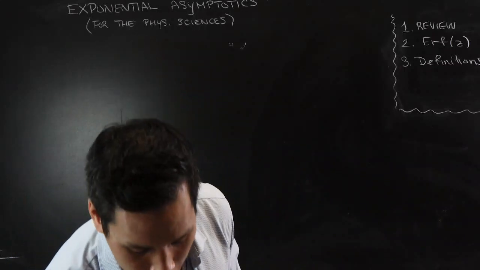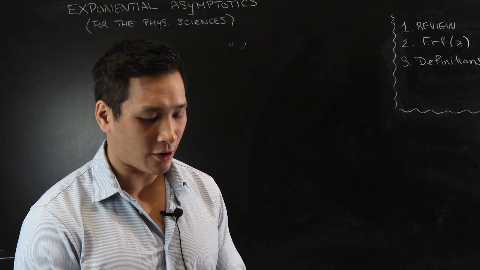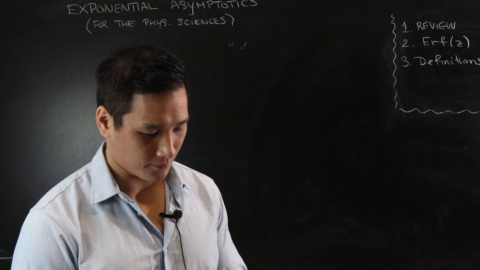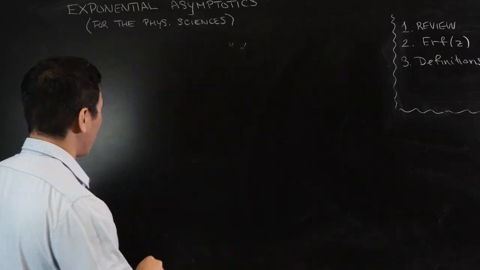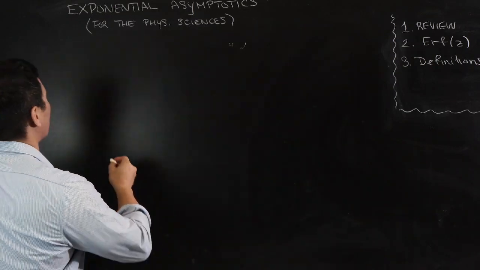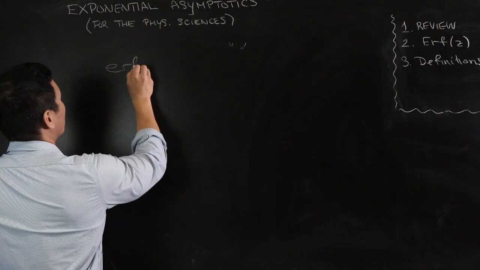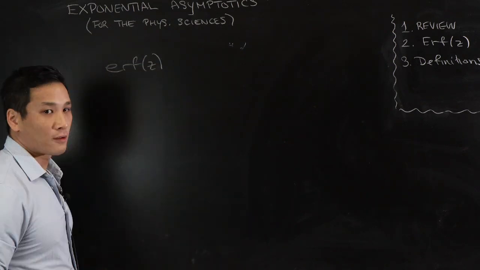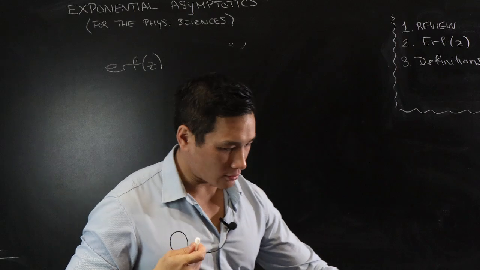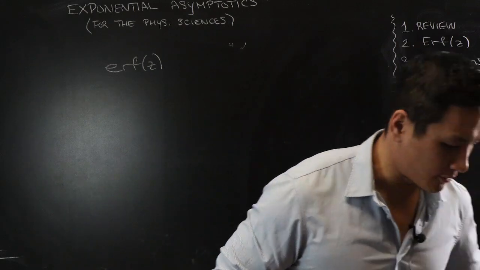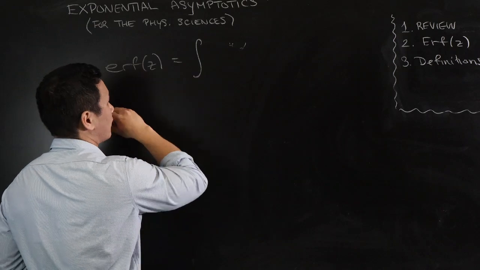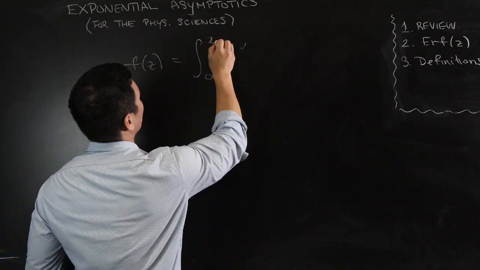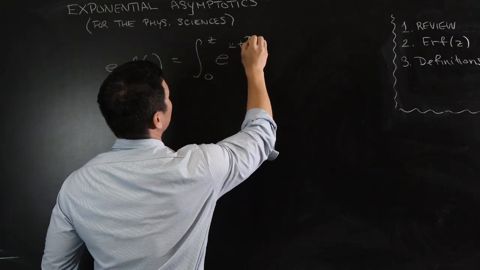We're just going to look at this error function integral. The ERF function, or this special function, is an integral from 0 to z of the Gaussian e to the minus t squared dt.